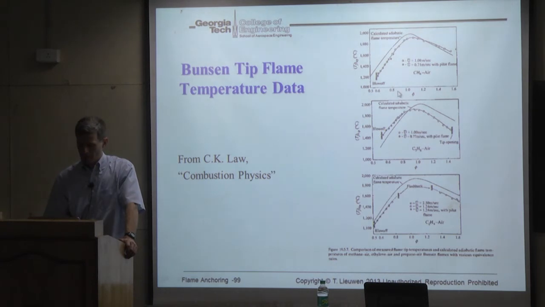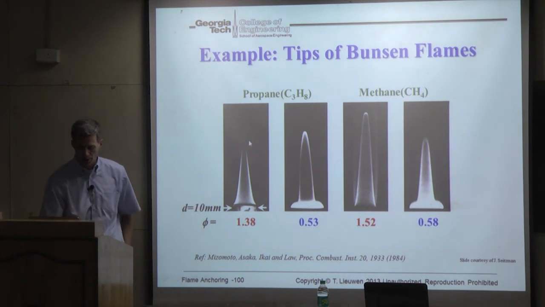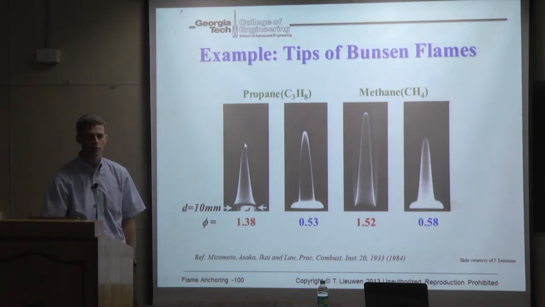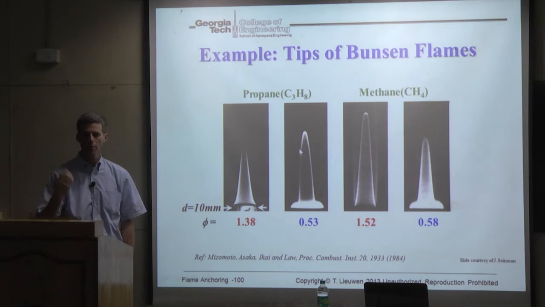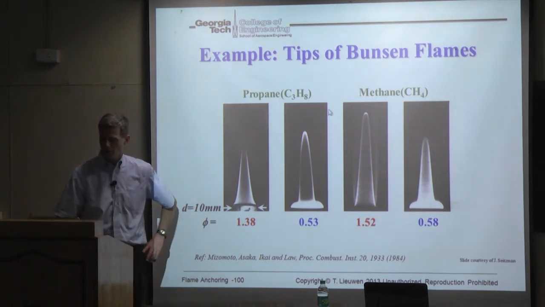You have to be a little bit careful because of color scales, but it looks like, in fact, this flame tip is extinguished. Whereas here, it's clearly giving off more luminosity, presumably chemiluminescence. The rate of heat release is augmented at the tip.